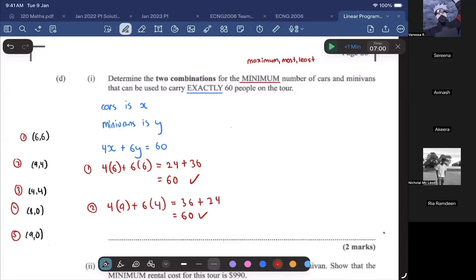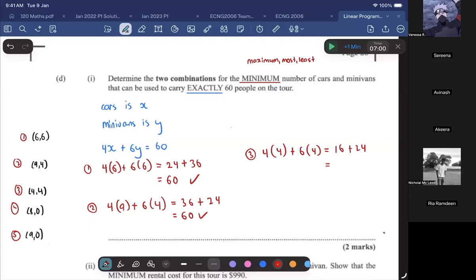If you don't believe me, let's try out something else. Let me try option 3, which is 4, 4. 4 by 4 is 16. 6 by 4 is 24. When you add 16 and 24, does it work out to exactly 60 people? Talk to me, guys.